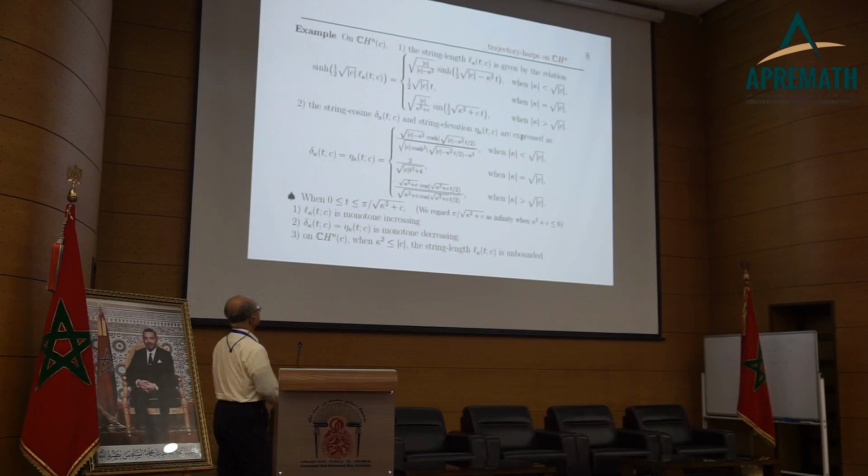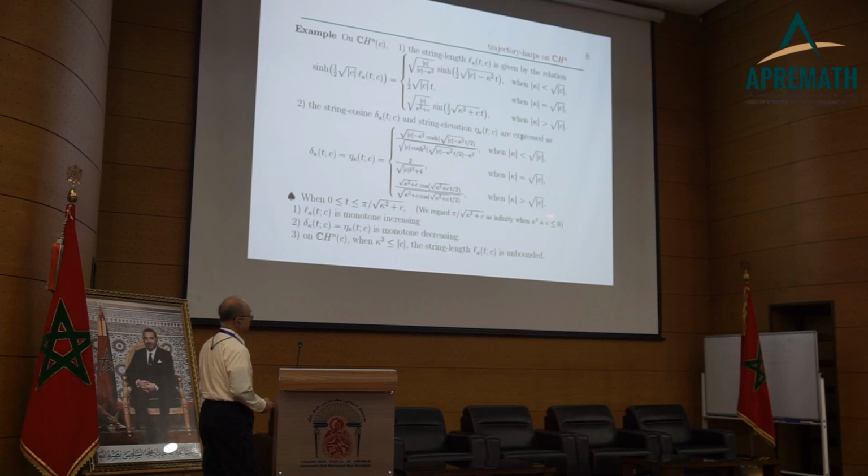On a complex hyperbolic space, we can write these quantities like this. Of course, it is not easy to understand at this moment, but the important thing is this range, 0 to t less than pi over the square root of kappa squared plus c; I denote this for all the cases where c is positive, 0 and negative. So we regard this quantity as infinity when kappa is small on the complex hyperbolic space.